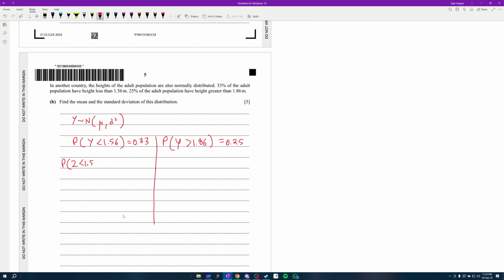P(z is less than (1.56 minus mu) by sigma) is 0.33, and here 1 minus P(y is less than 1.86) is 0.25, or P(y is less than 1.86) is 0.75. Fine. Next, standardize it. P(z is less than (1.86 minus mu) by sigma) is 0.75.